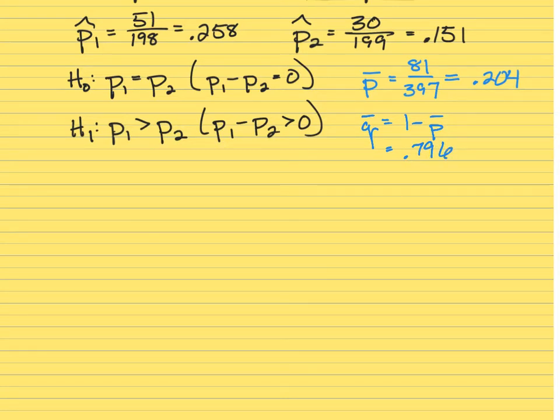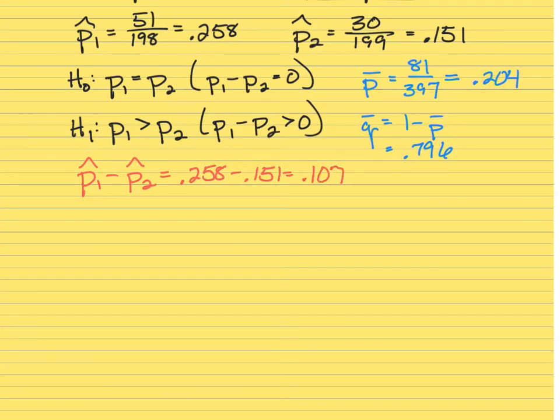All right, what we need is the difference that we actually found. We found for our difference in our sample, when I did P1 hat minus P2 hat, I actually take the difference between the two: 0.258 minus 0.151 is 0.107.